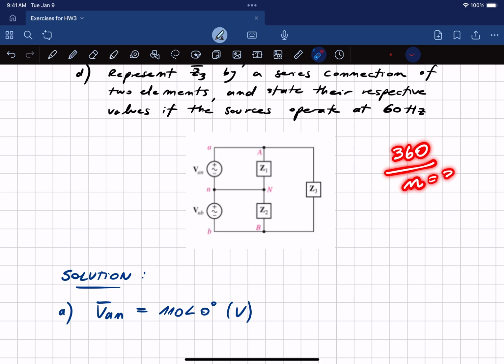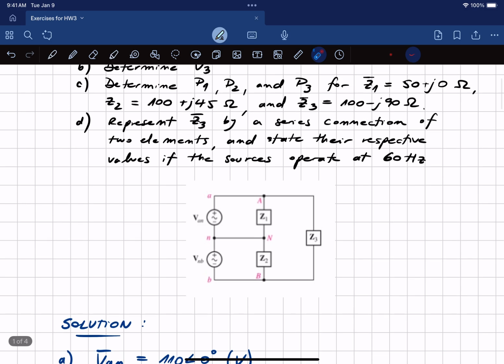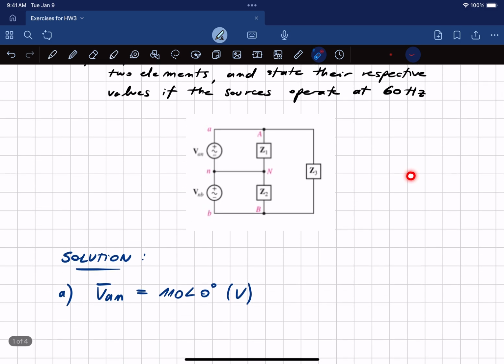So if n is 3, for example, then we're going to get 120 degrees separation between phases. That's exactly what happens for a three-phase system, right? At 120 degrees apart. For a two-phase system, we have 360 divided by 2, that's 180. So we have phase A and phase B phasors.